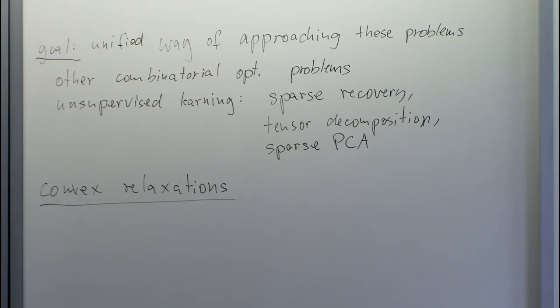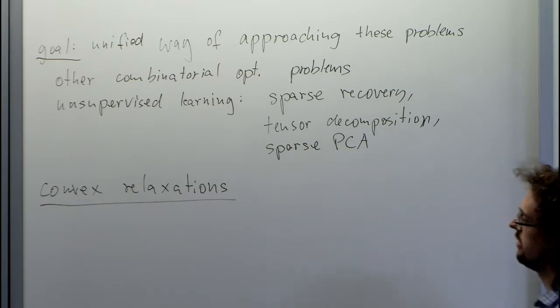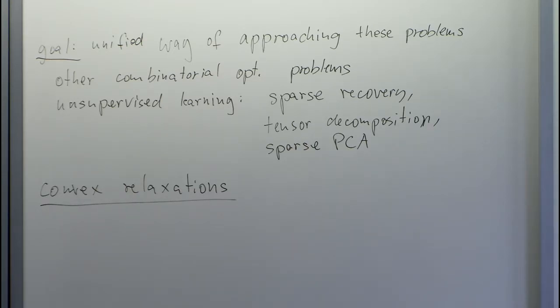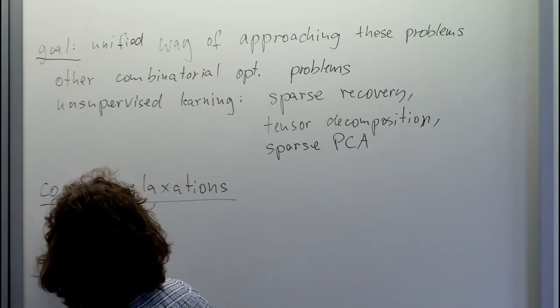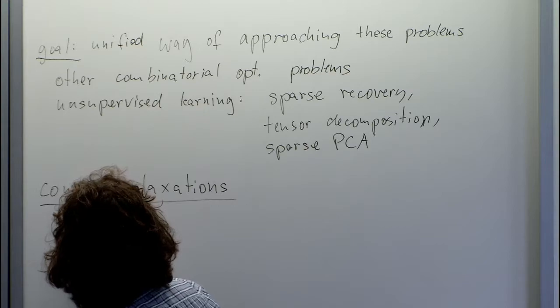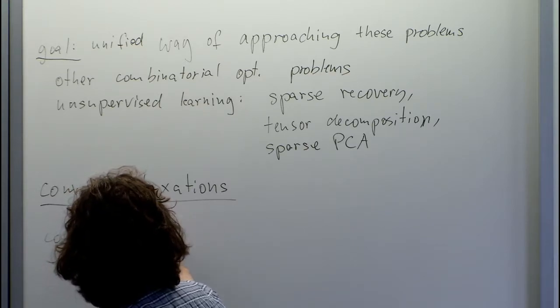There are different ways of doing this, and what I will explain is some way of looking at these convex relaxations that is fairly unified. And so the first thing that we need to do is convexify the problem.